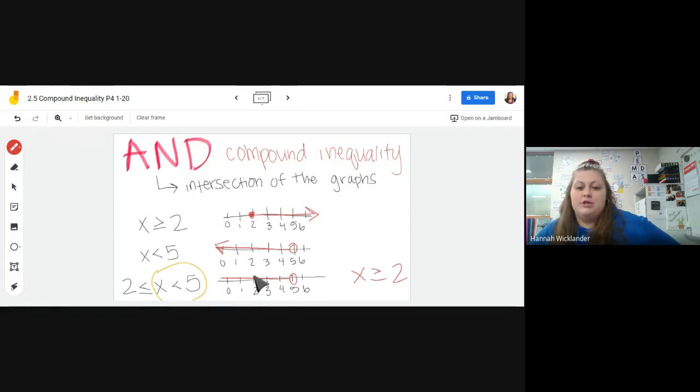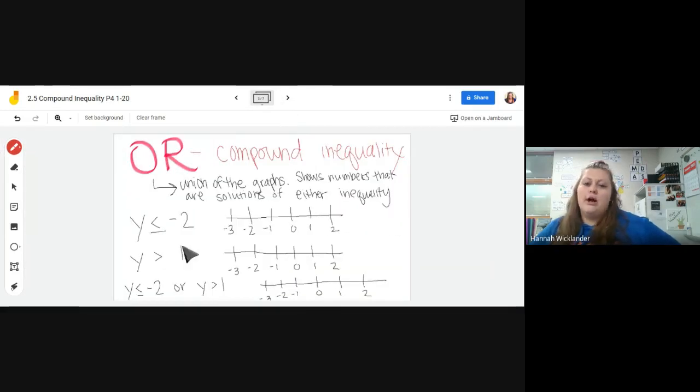So it'll be a closed circle at 2 going this way. And then since they are merging together, the lines don't go on forever. It's just this little section right here. Does that make sense on what I did? I just graphed each half and then drew the line. So that is an "and" inequality.